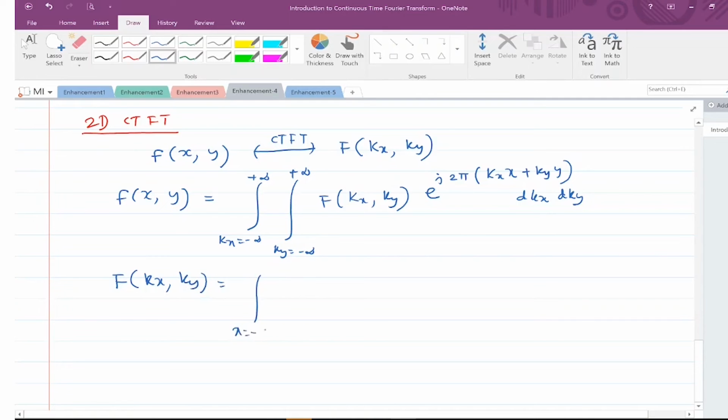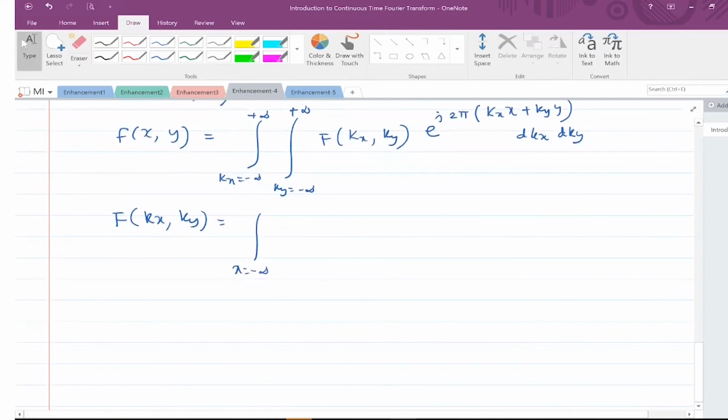You vary x from minus infinity to plus infinity, similarly y from minus infinity to plus infinity. Inside that you have f of x comma y times exponential of e power minus j 2 pi into kx x plus ky y, integrating with respect to x and with respect to y.